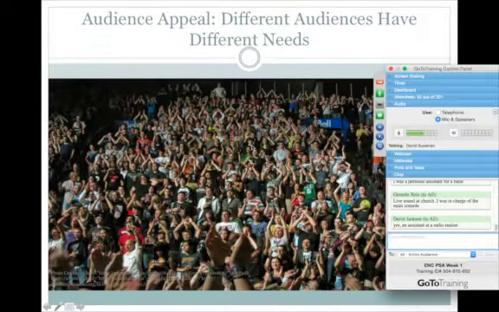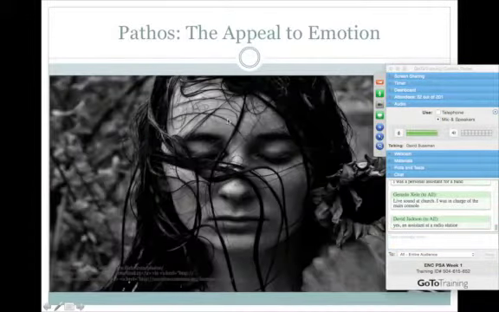There are 3 major appeals, and if you've been able to access the textbook site, you might already know where I'm heading. They have fancy Greek words to describe them. The first one is pathos, which is just a fancy word for the appeal to emotion. If you think about those Sarah McLachlan public service announcements, pathos is working overtime in those.